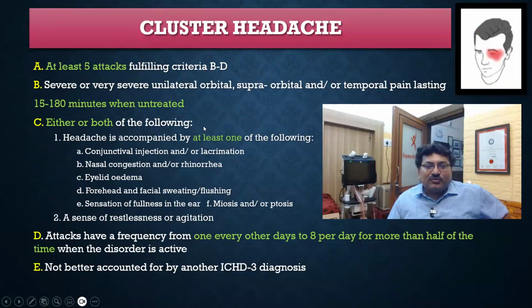Number C, either or both of the following: the headache is accompanied by at least one of the features I have already discussed, which are basically unilateral autonomic facial features, any one of them should be present, and a sense of restlessness or agitation should be present. Then the attacks have a frequency from one every other day to 8 per day. It is not better accounted for by any other ICHD3 diagnosis.